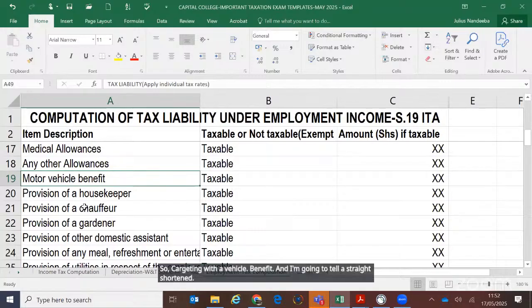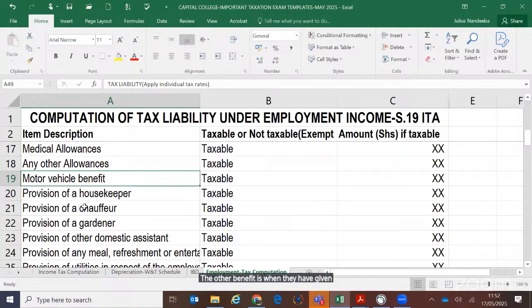The other benefit is when they have given you provision of a housekeeper. A housekeeper can be named anything: a maid, a shamba boy, a gatekeeper, a security guard, whatever it is. And we are going to see the only housekeeper that is exempt from being taxed is a security guard.